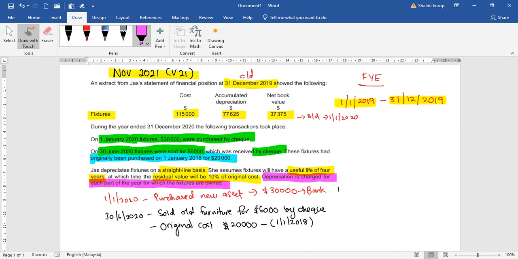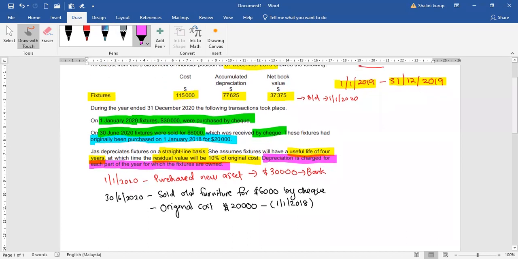So if you really look, you need to understand a lot of information here. It is not just one or two; every line gives you some kind of information. Let's go further. You should understand the last line that I've highlighted in purple.